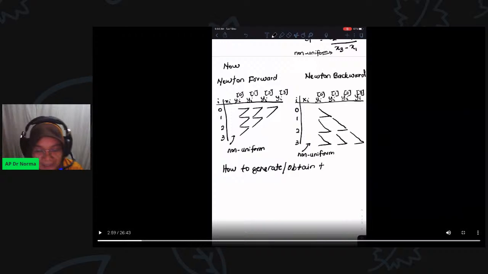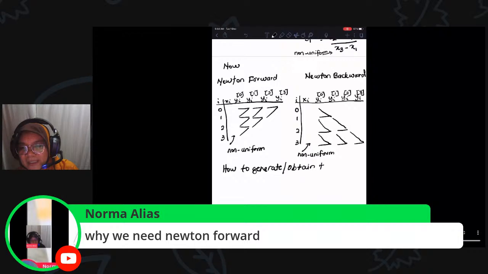My question again: why do we need Newton forward, and why do we need Newton backward difference interpolation polynomial?